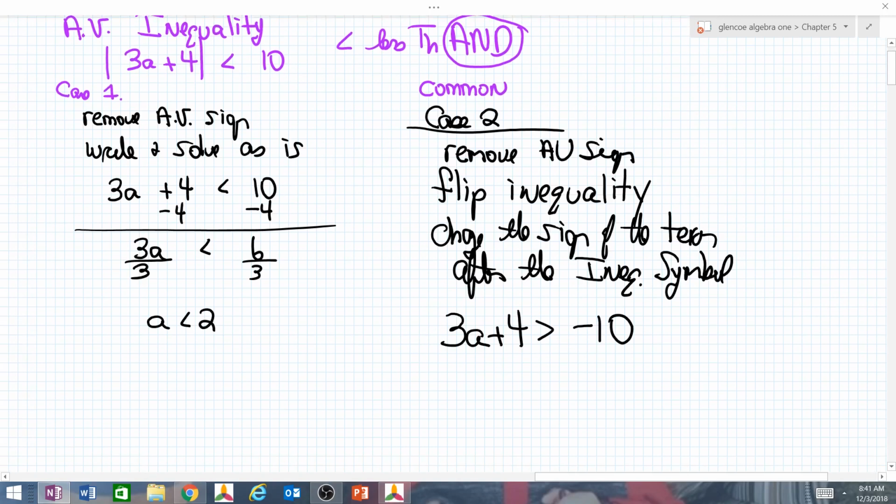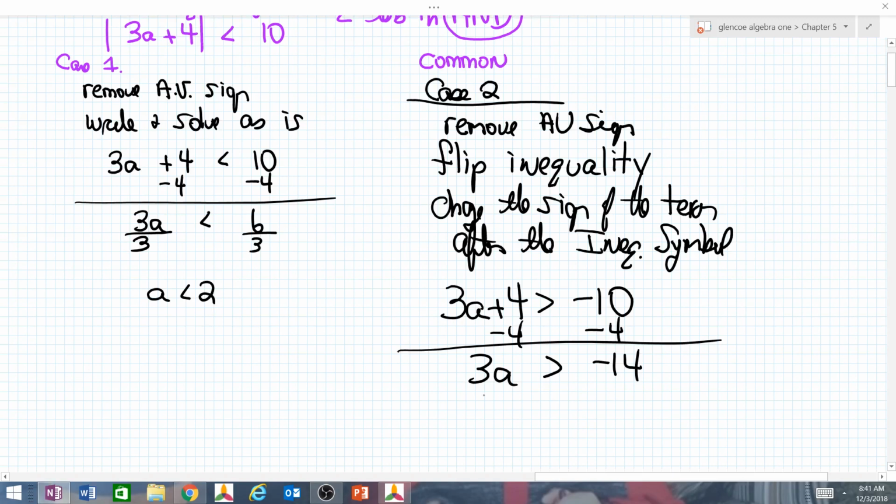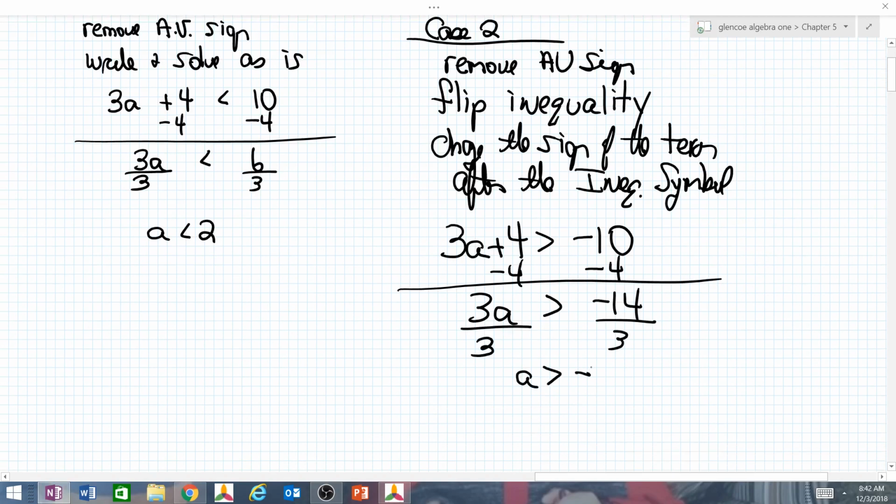So now we want to solve for a, subtract 4 from each side, and we get 3a is greater than -14. Divide each side by 3, and you get a is greater than -14/3, or -4 2/3.